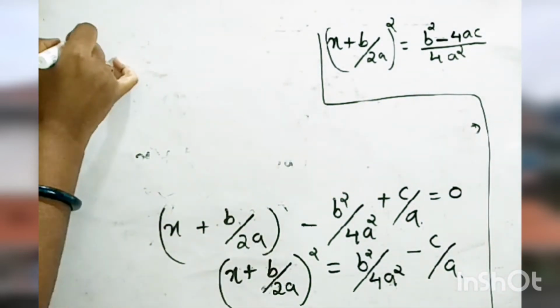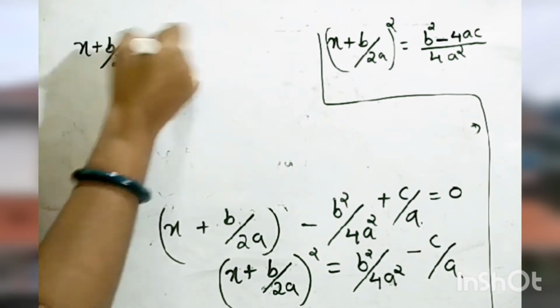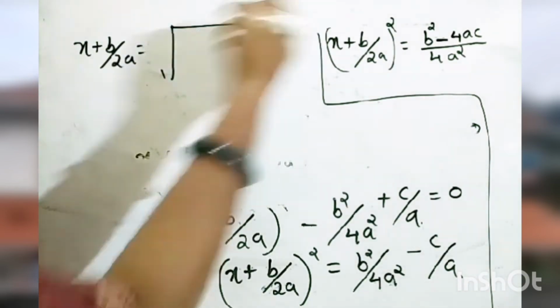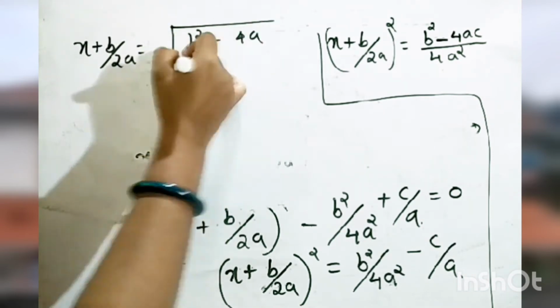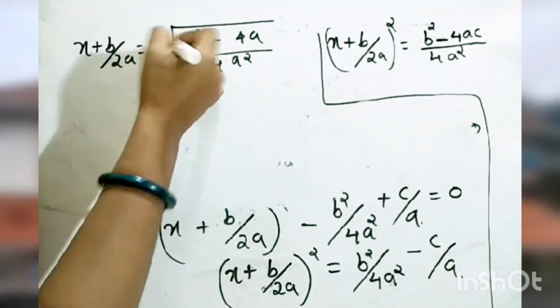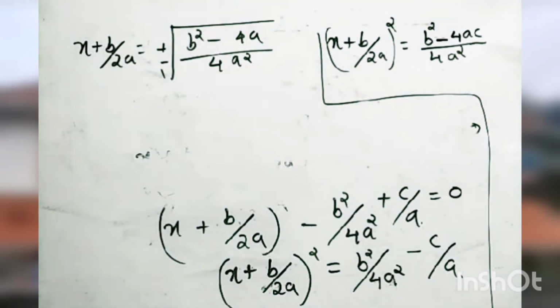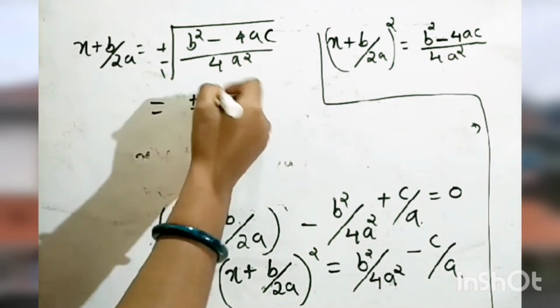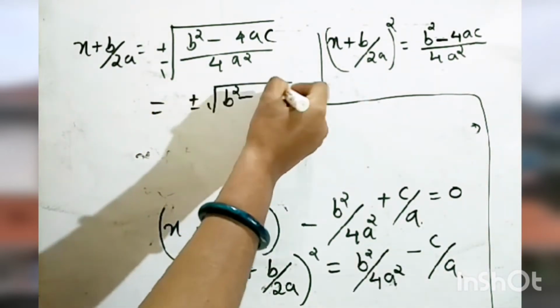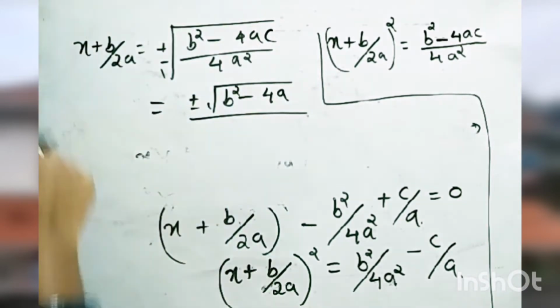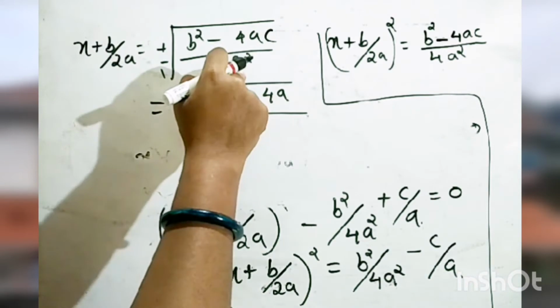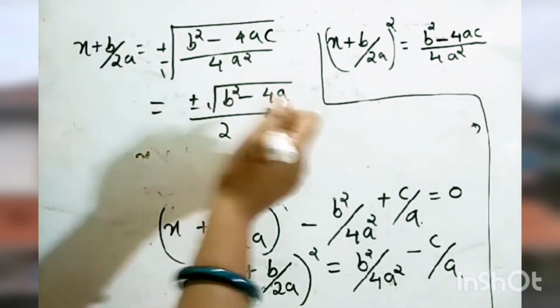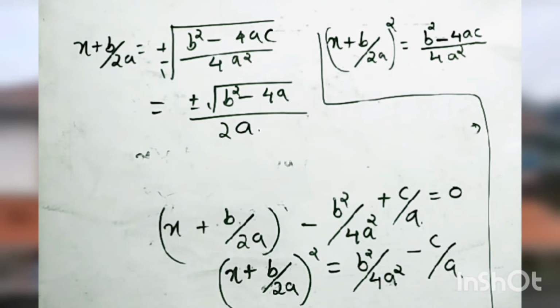That is x plus b by 2a is equal to plus or minus square root of b square minus 4ac divided by 4a square. This is equal to plus or minus square root of b square minus 4ac, and the 4 we can take outside of the square root, then it becomes 2, and we can take this a square outside of the square root, then it becomes a. So we got plus or minus square root of b square minus 4ac divided by 2a.